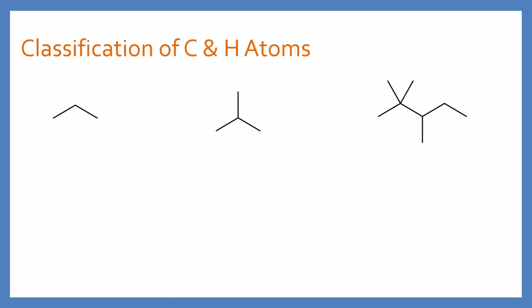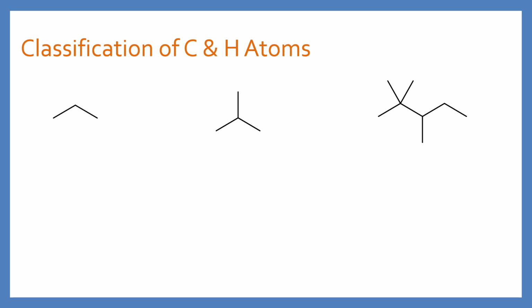Okay, our last idea here is the classification of carbon and hydrogen atoms. When we're talking about carbon and hydrogen atoms, sometimes it's important to denote the difference in how substituted they are. So a more substituted carbon atom has more carbons attached to it.